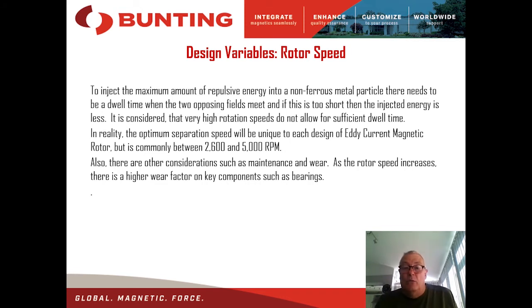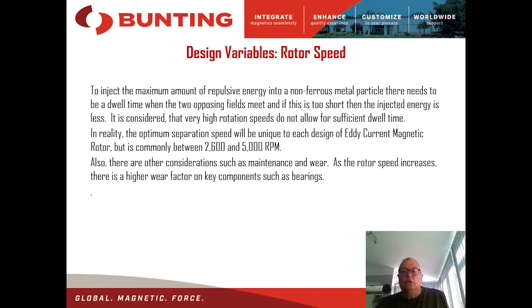The more changes from north to south, the greater the force, and the more likely you are to capture a smaller particle. So different manufacturers have different rates of rotor speed, typically between about 2,500 and 5,000 RPM if you looked at the different manufacturers' specifications.